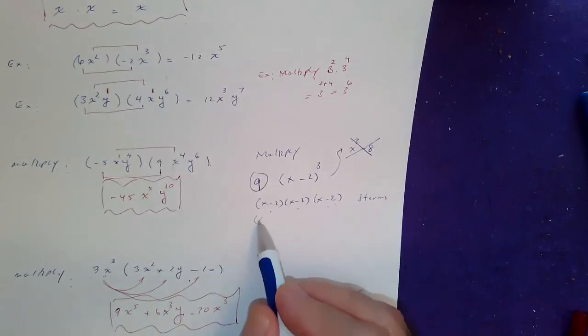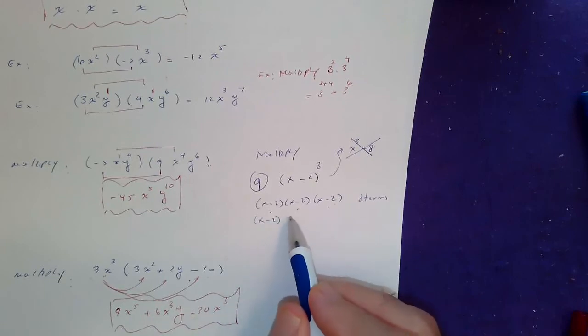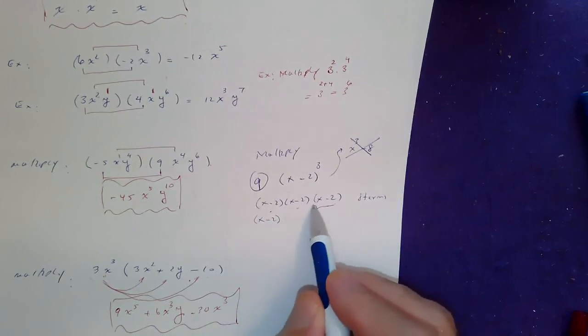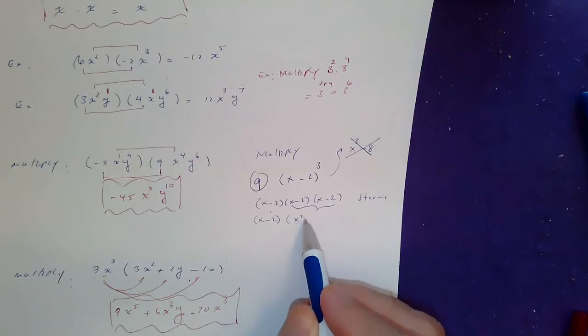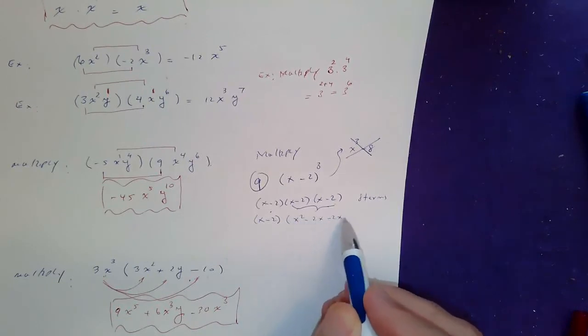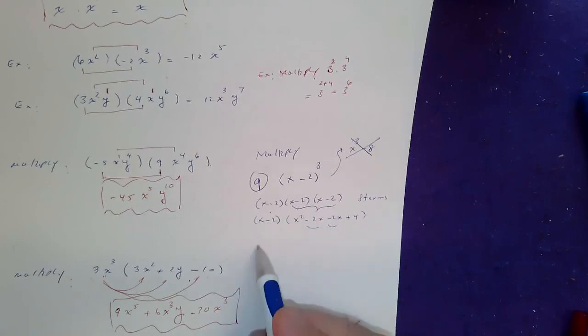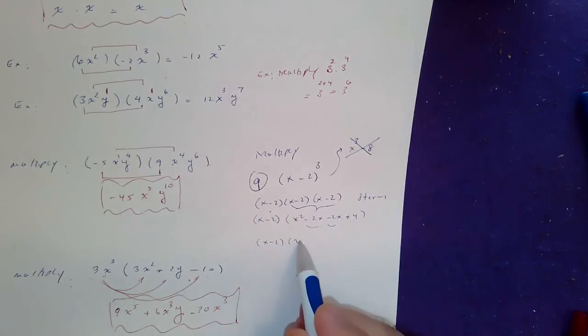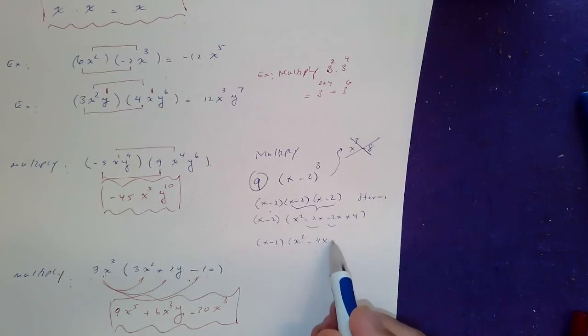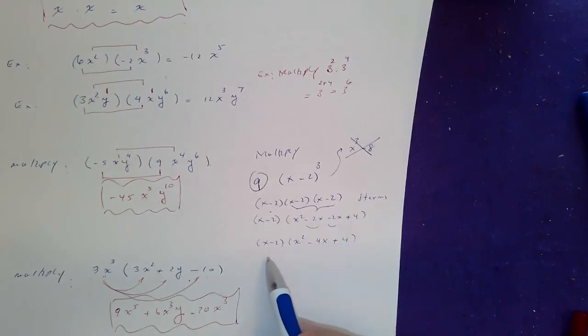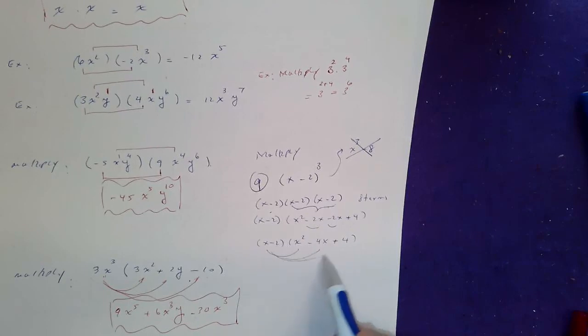The way I do it, I keep the first parentheses as is. I multiply the last 2, so I get x squared minus 2x plus 4. Then I combine these guys, so I get x minus 2 times x squared minus 4x plus 4. Now I distribute the x's, then I distribute the negative 2.